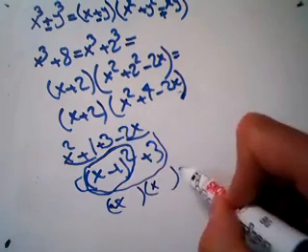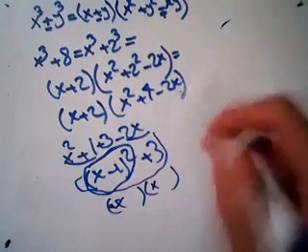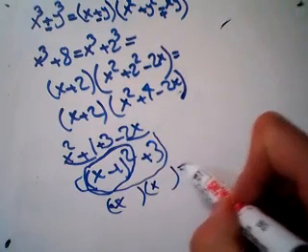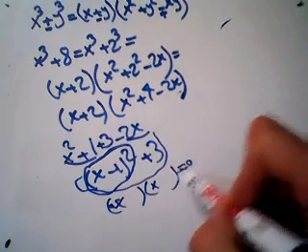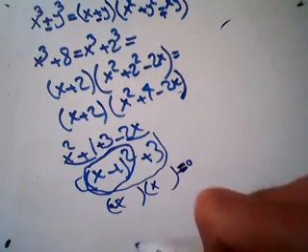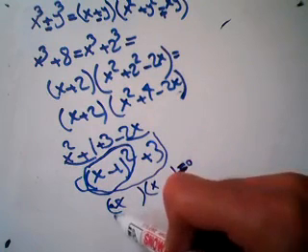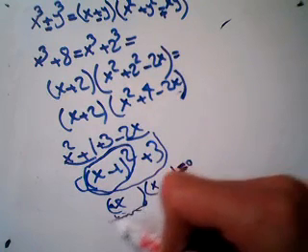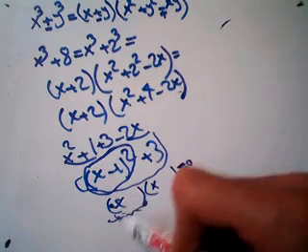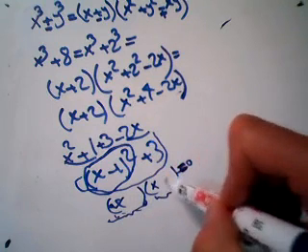That means that for some x it is equal to 0, for some x that makes the first parenthesis 0, or for some x which makes the next parenthesis 0.